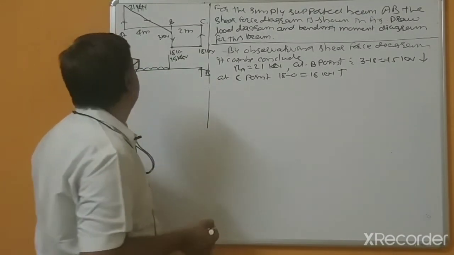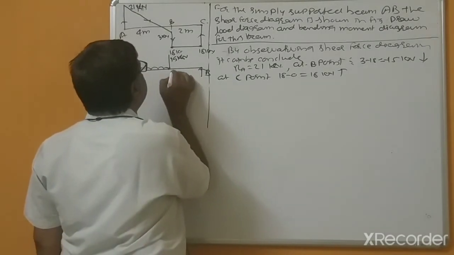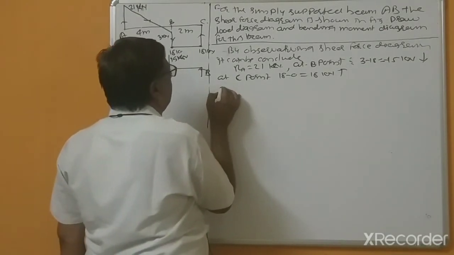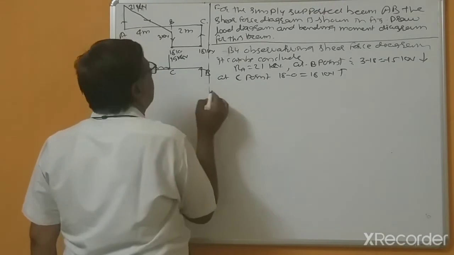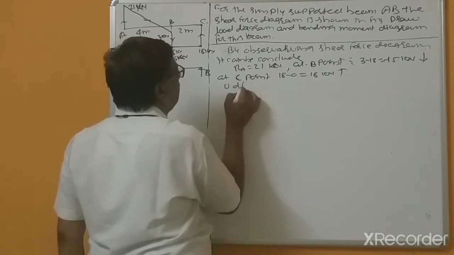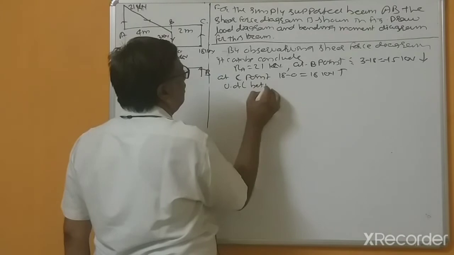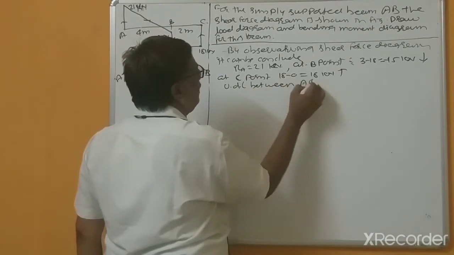Now UDL, this is C point, UDL between A and C point.